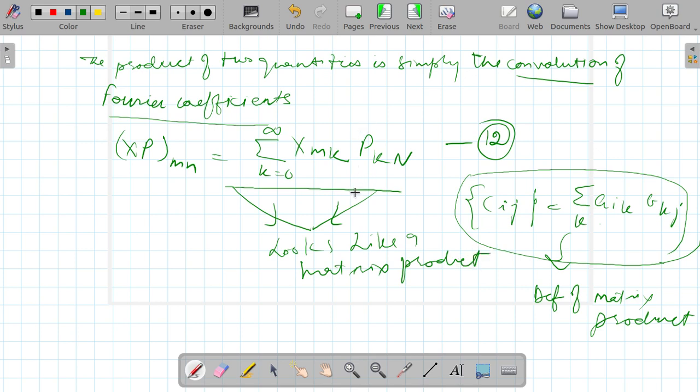But Heisenberg was not aware of this result, that it looks like a matrix product.